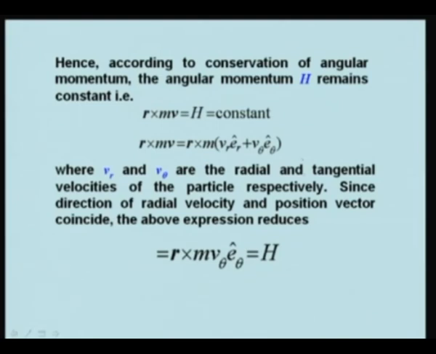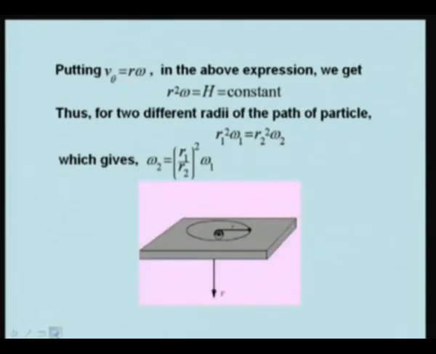Since the direction of the radial velocity and the position vector coincide, this expression reduces to r cross m V_theta e_theta, that is h, constant.